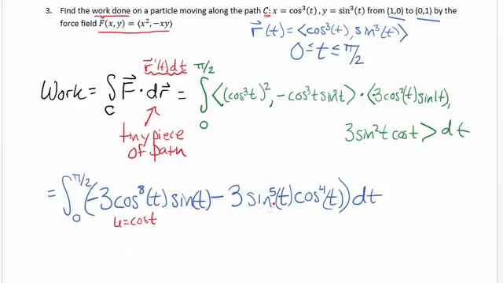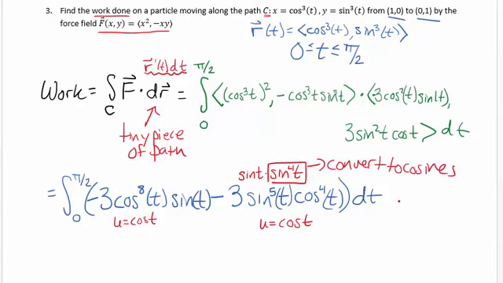If you look at the trig section, 8.3, or use that trig summary sheet that I posted on D2L, we're going to want to do u equals cosine t, and split sine to the 5th into sine and then sine to the 4th. That sine to the 4th, we're going to have to convert to cosines using the Pythagorean identity, sine squared equals 1 minus cosine squared. So I'm going to use a u substitution for cosine on all of this. Here's what that would look like.